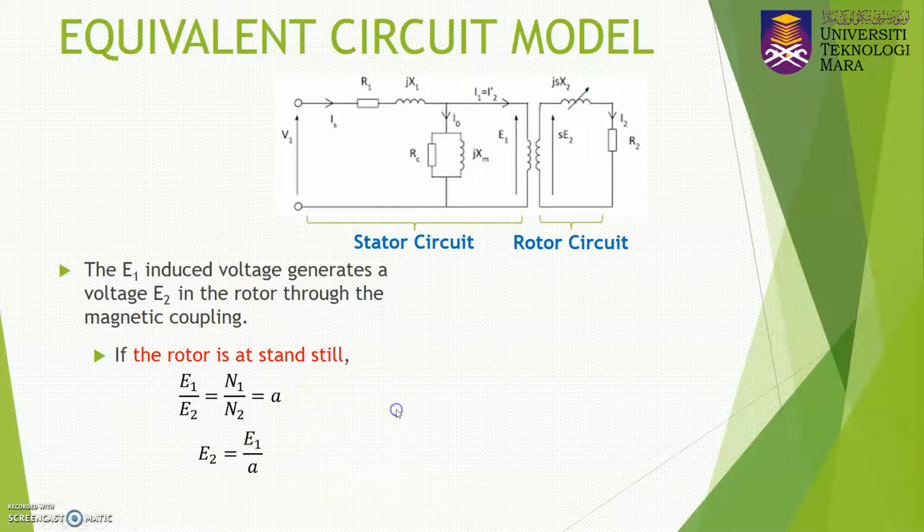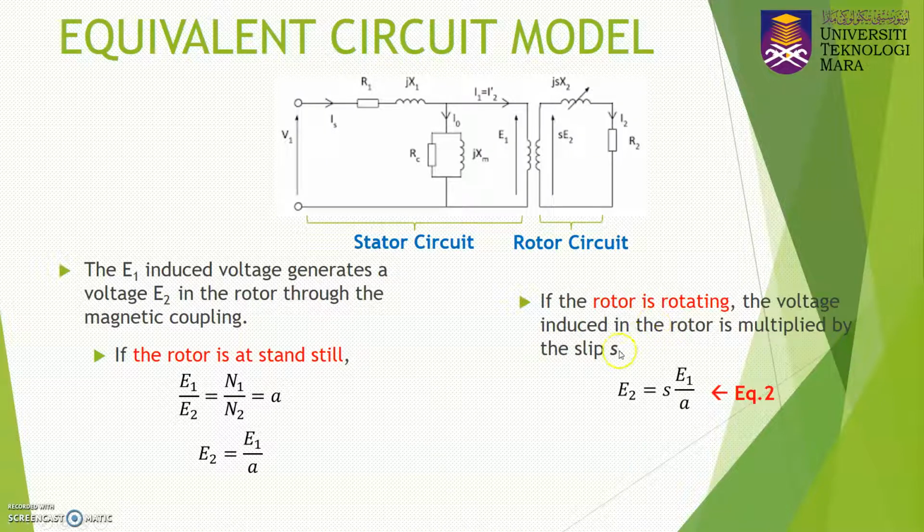However, if the rotor is rotating, the voltage induced in the rotor, E2, needs to be multiplied by the slip s. When the rotor is rotating, there is a difference between Nr and Ns, meaning a difference between the speed of the rotor and the speed of the stator field. So E2 is equal to s multiplied by E1 divided by a.